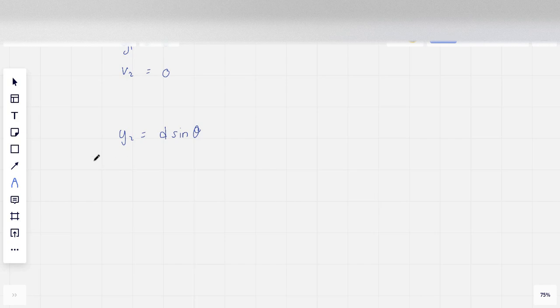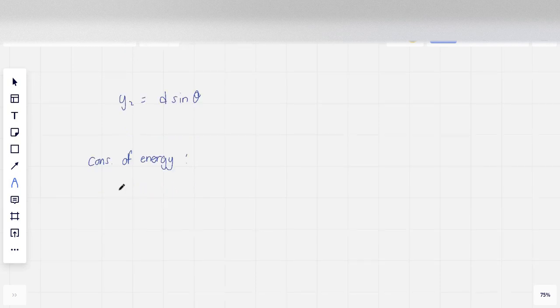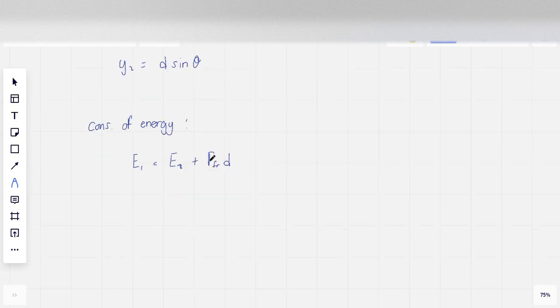So using the conservation of work and energy, the initial energy E1 is equal to the final mechanical energy plus the work done against friction, which is the frictional force times the distance the sled travels d.